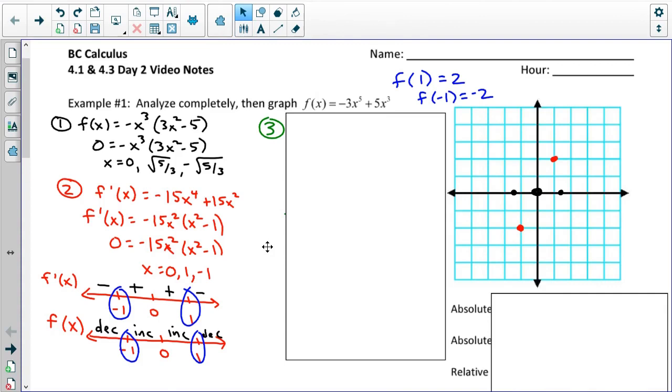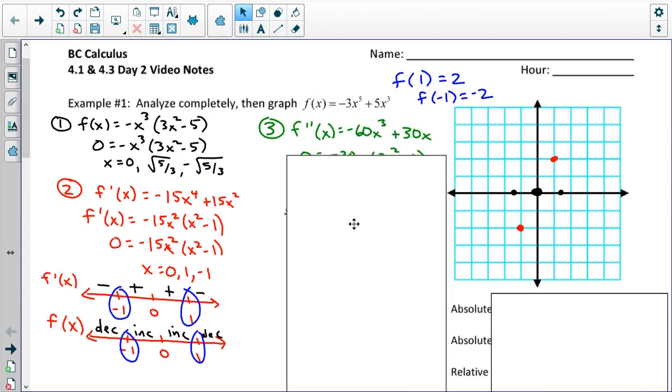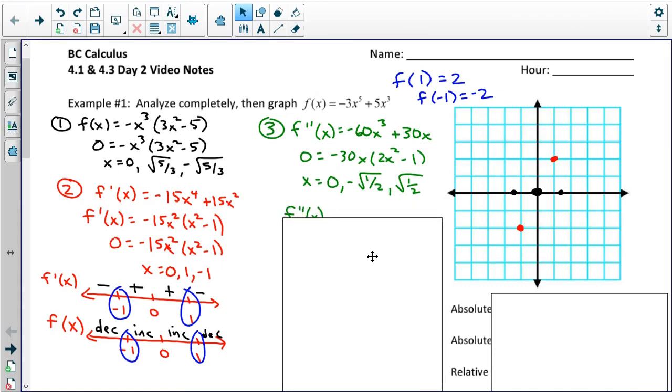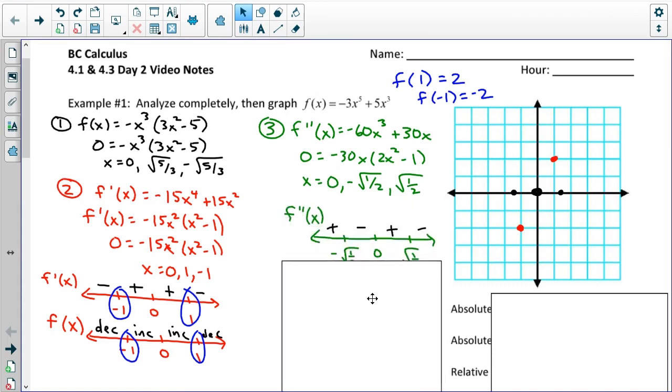So if I'm taking a look at the second derivative, I just go negative 60x cubed plus 30x. I factor out a negative 30x, and I solve for x, and I get 0, negative root 1/2, and positive root 1/2. I'm not simplifying the square roots, so I'm sorry about that.